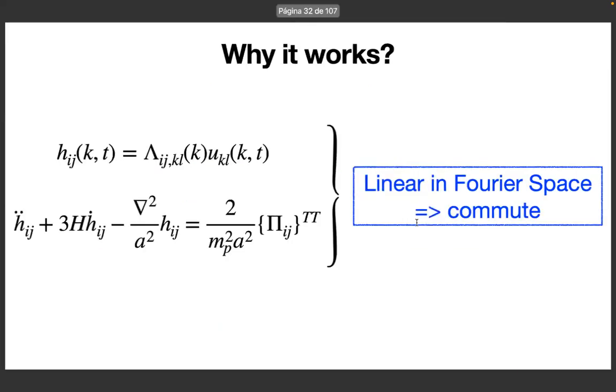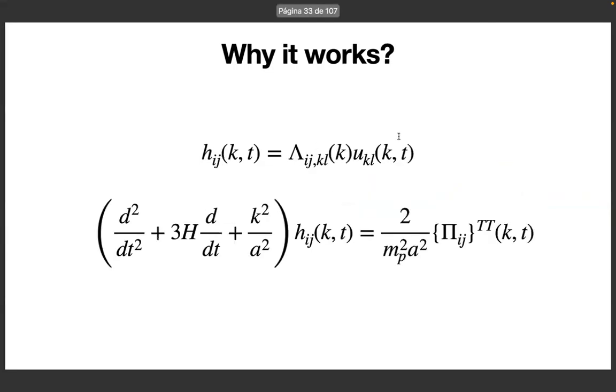So why does this work? Because basically these two operations are linear in Fourier space. So I have my projection of my U fields. This is how I define my U fields. This is basically the projection using the lambda projector that I defined before.